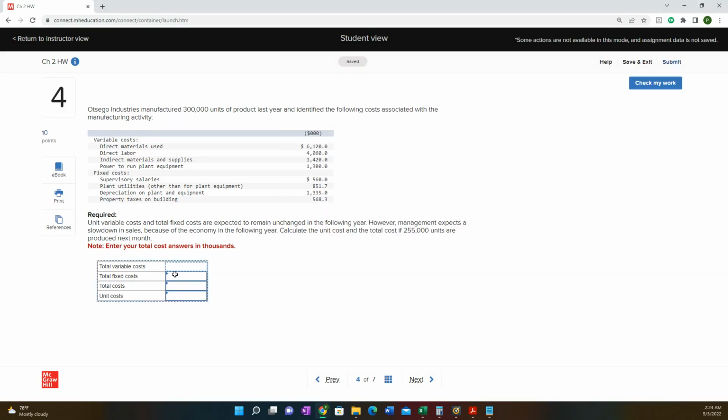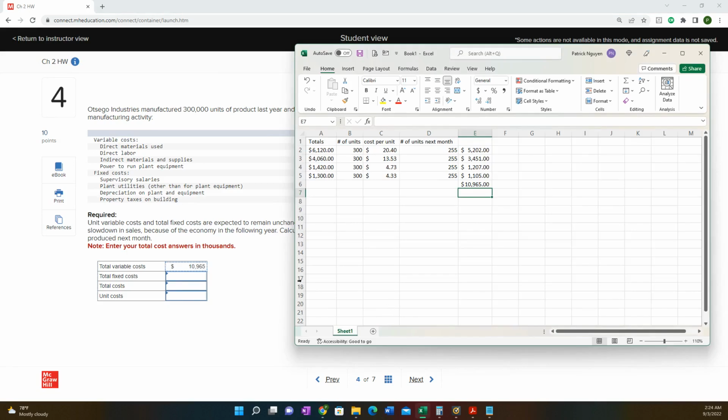Total fixed costs. The fixed costs given to us are $560 for supervisory salaries, $851.70 for plant utilities, $1335 for depreciation, and $568.30 for property taxes. And remember, fixed costs don't change depending on how many units you produce.